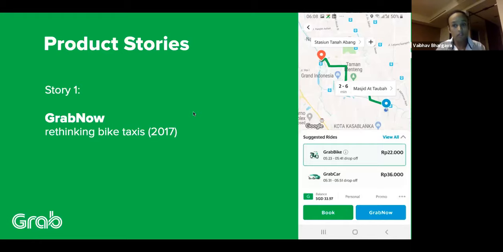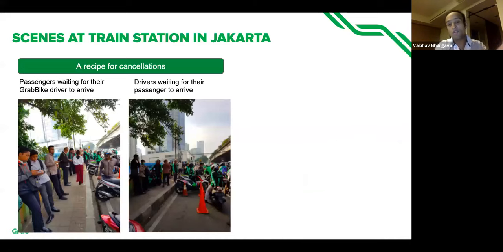This is a story very specific to Indonesia, the biggest market of Grab, and it's related to a very special mode of transport in the region, which is motorcycle taxis.